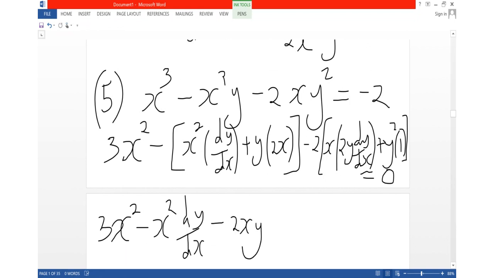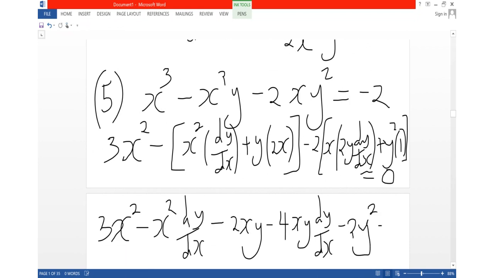You'll never make a mistake when you come to the signs. The other one is a negative times a positive. We have a 2 and a 2. We shall end up with negative 4xy dy dx. And then I have a negative times a positive, which is still a negative, negative 2y squared. And then this side is 0.